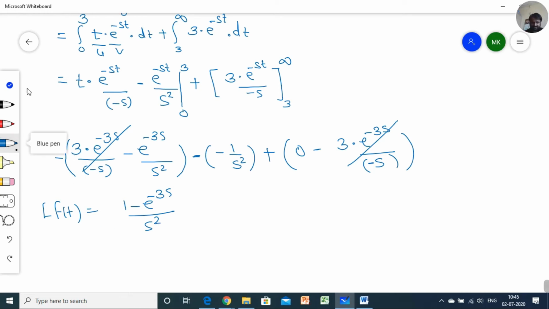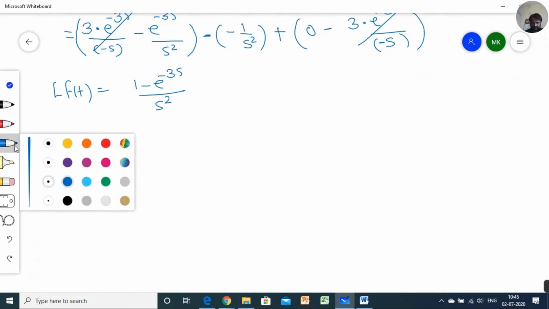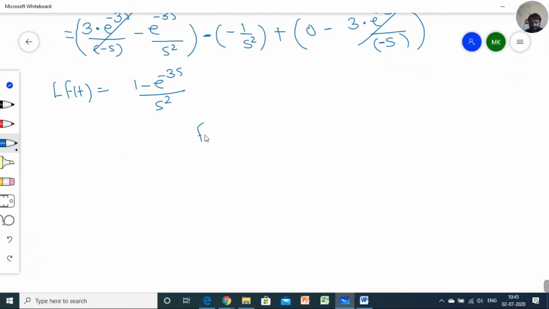Now the question arises, what will be my f of 0? Very simple, we have to apply it here. f of t is given as t for 0 less than t less than or equal to 3, and 3 for t greater than or equal to 3.